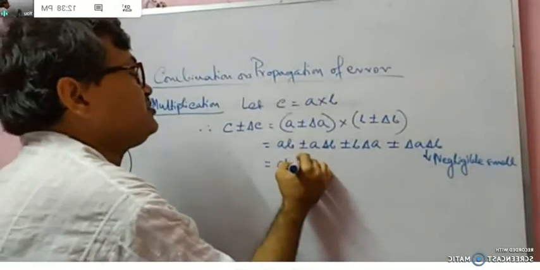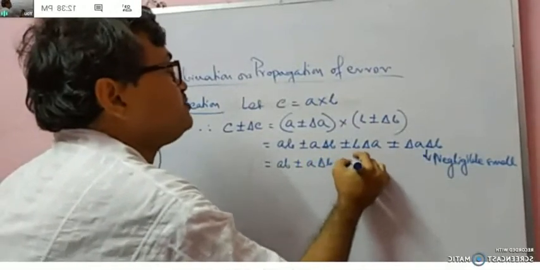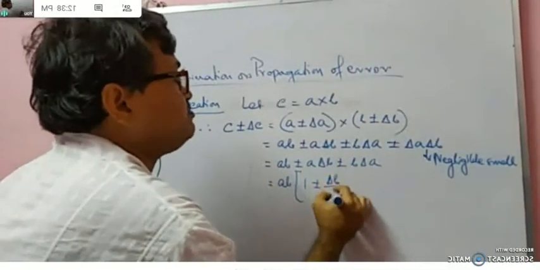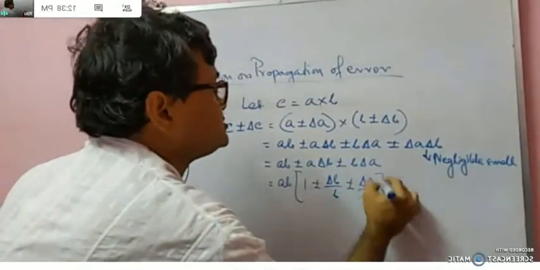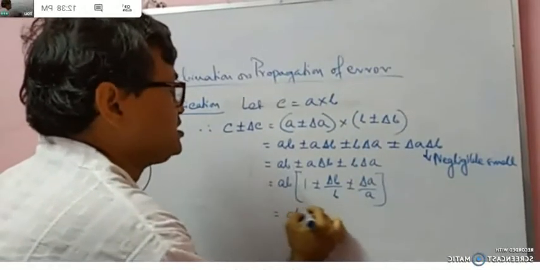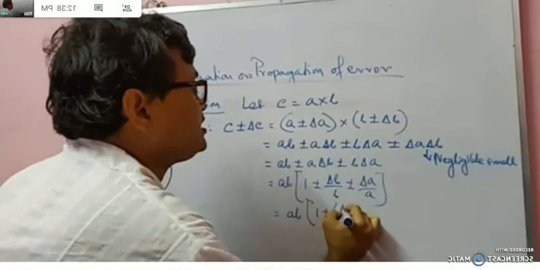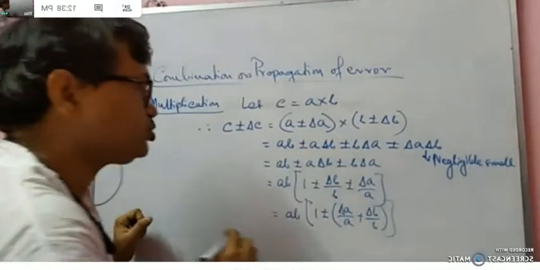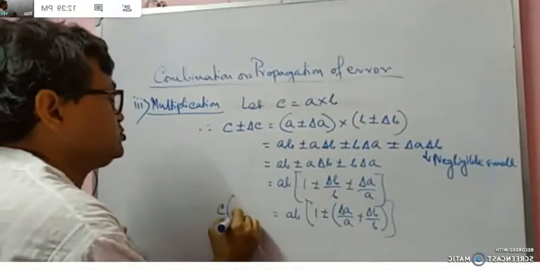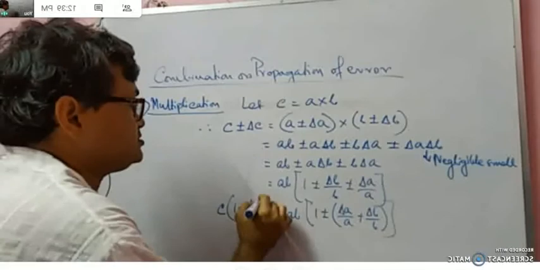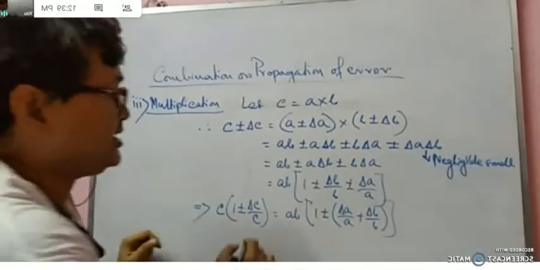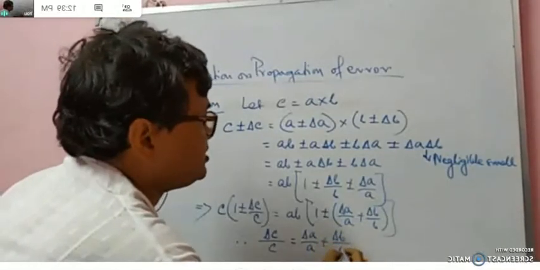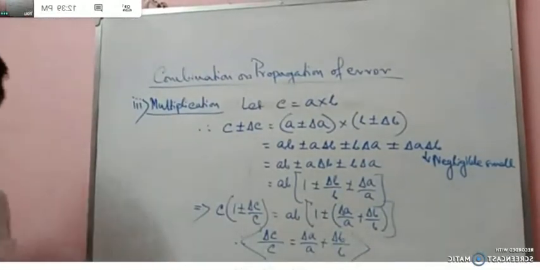Therefore, we get AB plus minus A delta B plus minus B delta A. Take AB common: 1 plus minus delta A by A plus delta B by B. Here also take C common, so 1 plus minus delta C by C. Ultimately we get that delta C by C is equal to delta A by A plus delta B by B. This is the rule of product.